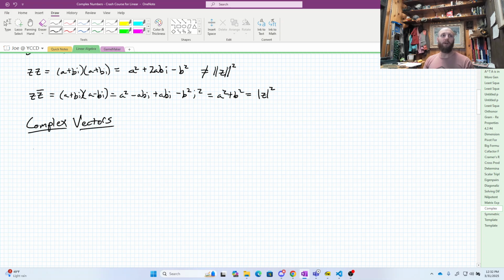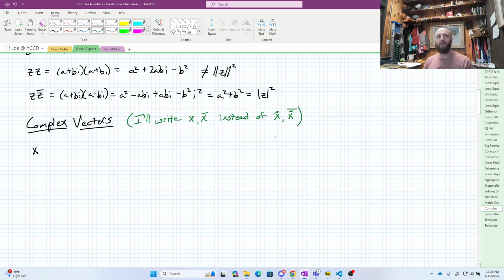So I'm going to think about a vector x. Should add a bit of a warning here. I'll be writing x as a vector. So I'm going to be writing x and x conjugate instead of x with a vector hat and x with a vector hat's conjugate.